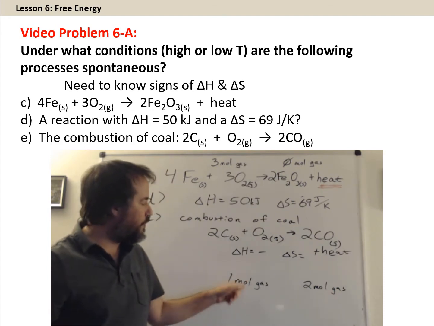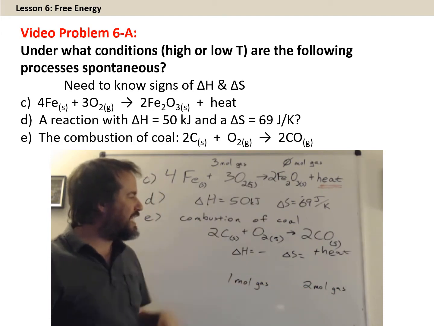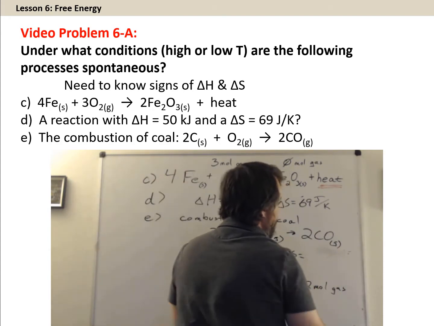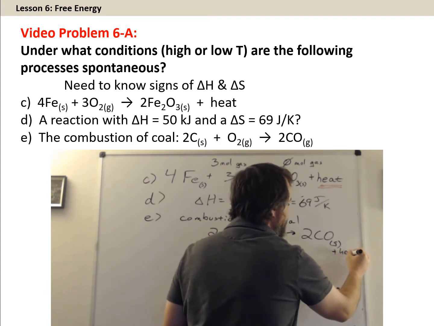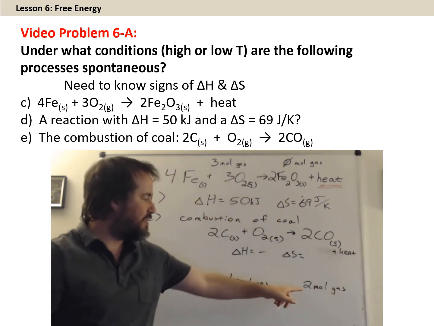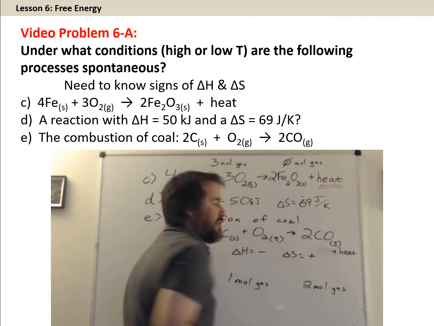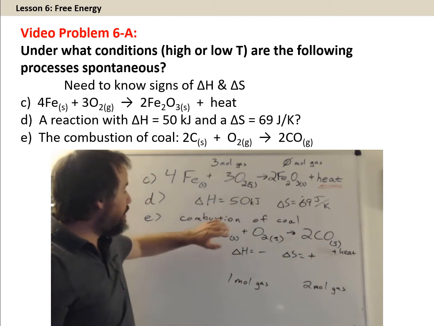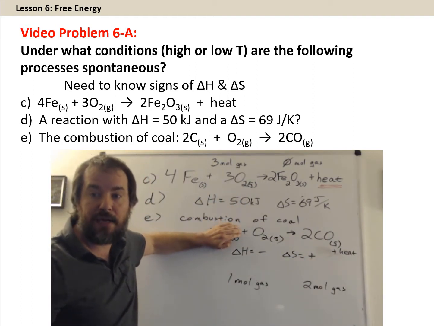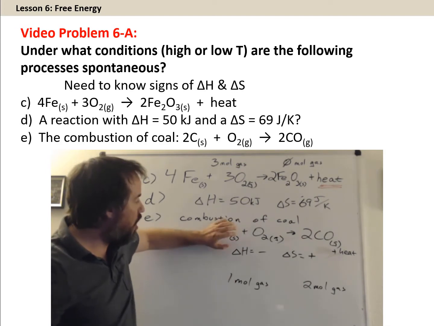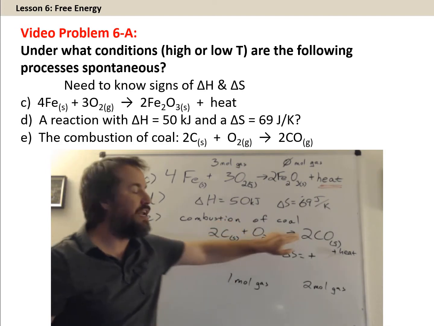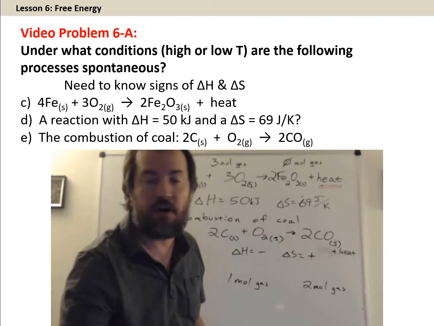So I'm going from 1 mole to 2 moles, my S is increasing, so that means my delta S is going to be positive. Notice I don't care about the carbon because it's a solid. All I look for if they're gases are the number of moles of gas involved.